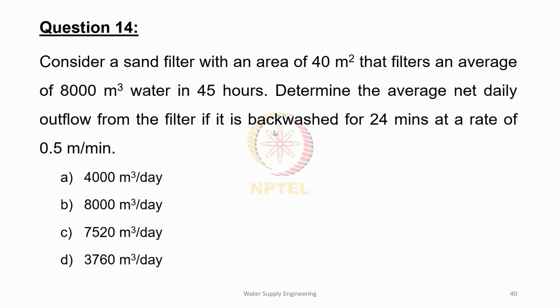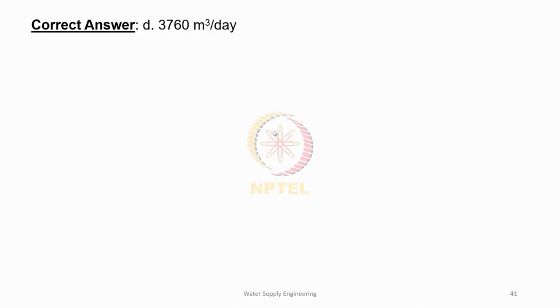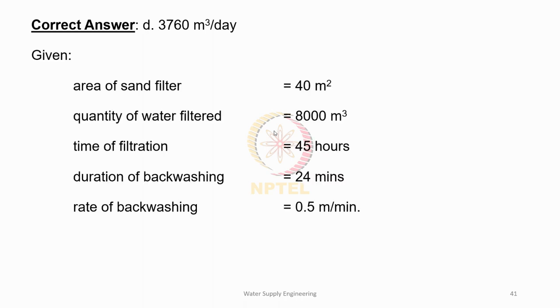Okay, let's see how to solve the problem. The correct answer is option D, 3,760 meter cube per day. It's given that the area of the sand filter is 40 meter square, which can filter out 8,000 meter cube of water in 45 hours.